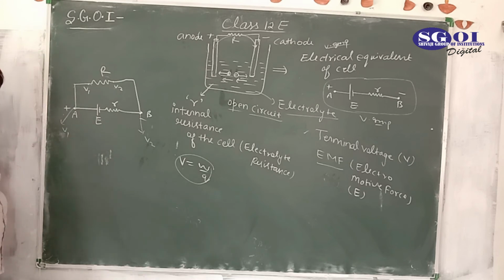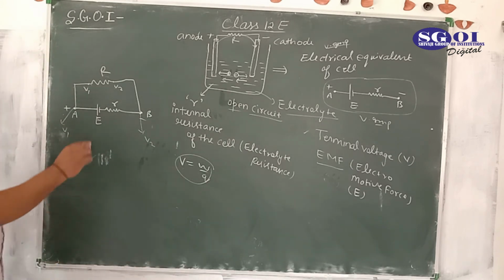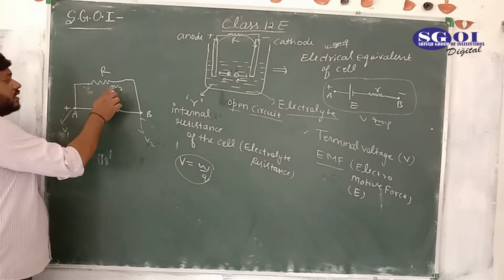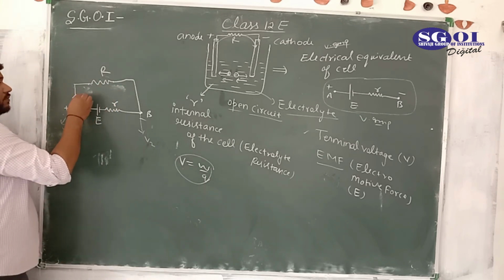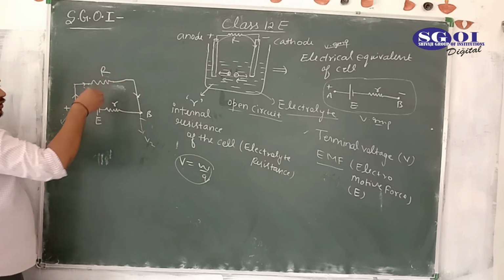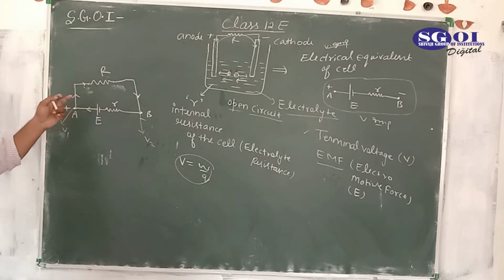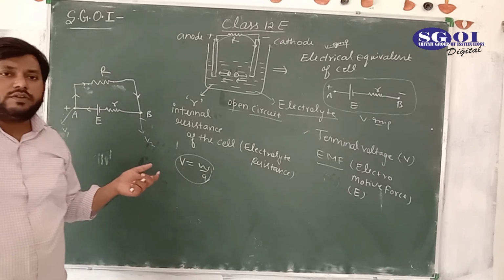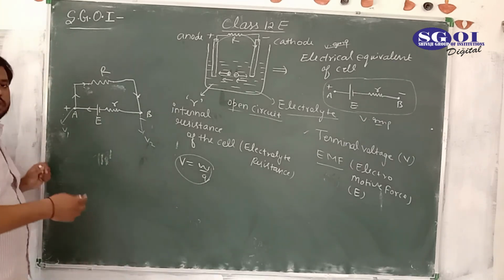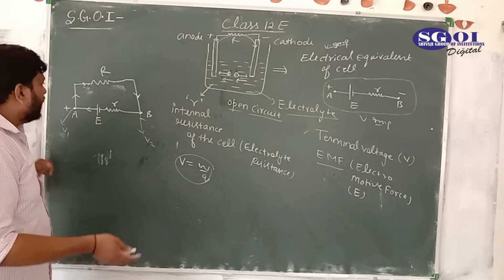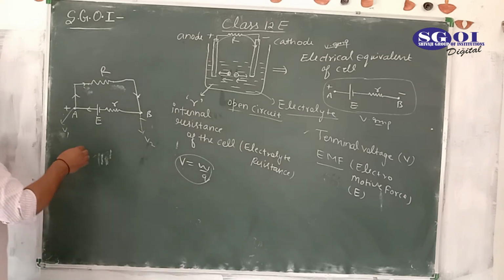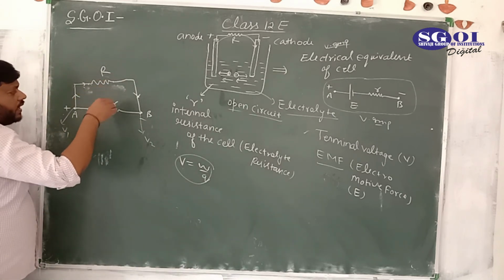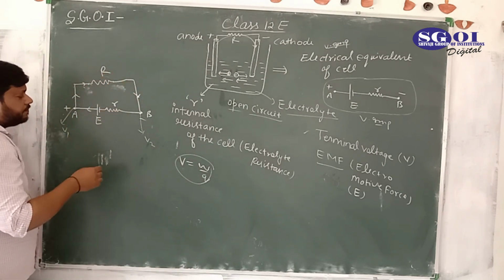Now apply the KVL. As I told you, for applying KVL we first take a current direction. Suppose current is like this. You can also take it the other way; there would be no problem. Actually, your final answer would be negative, which means the direction you have assumed is wrong, and the real direction is just opposite. So current is flowing like this.